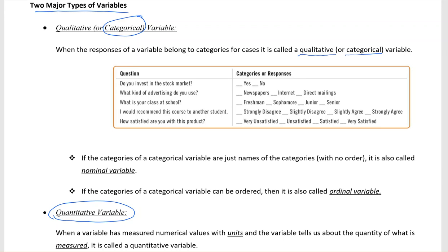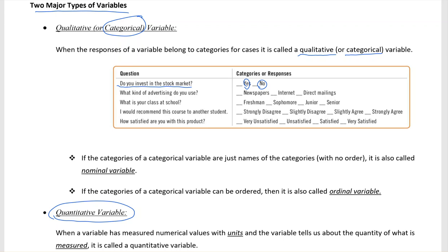All right, so let's do some examples. If our question is, do you invest in the stock market? Then the response can be yes or no, right? So you will have two categories. Then for each person answering this question, there will be two categories for responses, either yes or no, right?